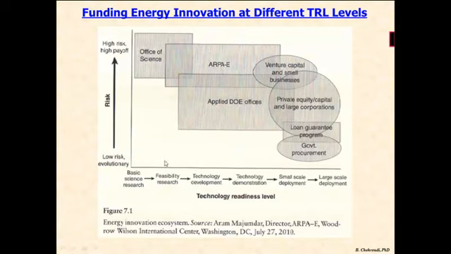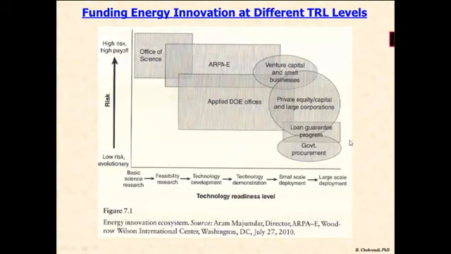Well, generally down here, the Office of Science, government, is in a good position to get into the high risk, high reward situations. And you see the Office of Science, and then ARPA, and the applied Department of Energy offices. This is a plot for funding energy innovation at different TRL levels.